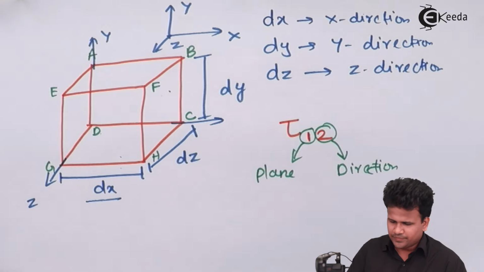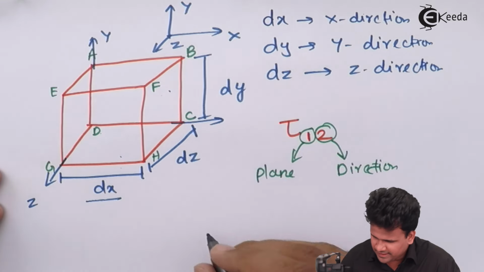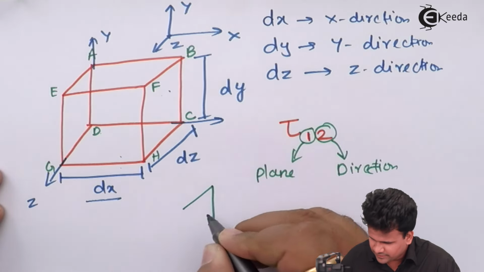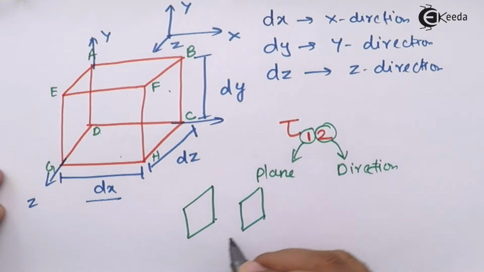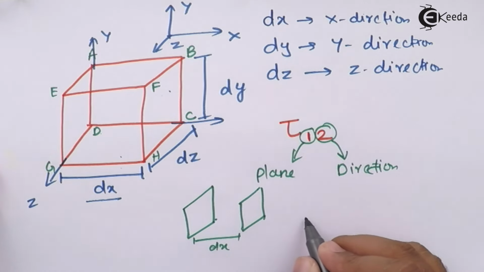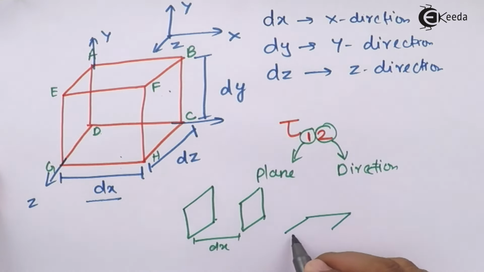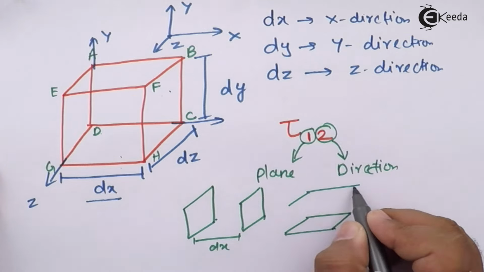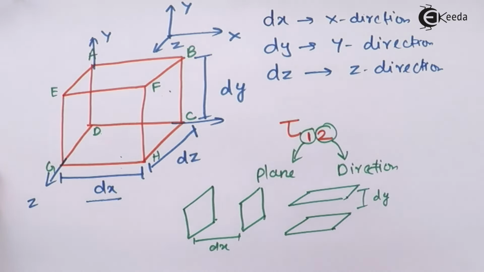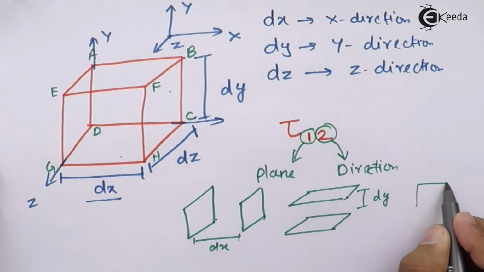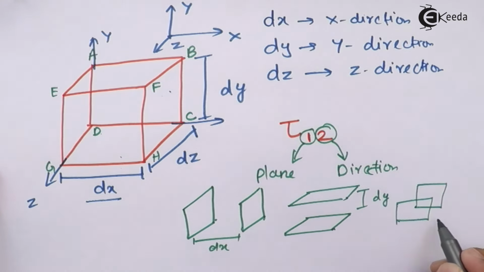So over here the x plane will be this entire plane, and the distance between them is dx. The y plane is this plane, the distance between them is dy, and for the z plane, the distance between them is dz. So these are the three kinds of plane.